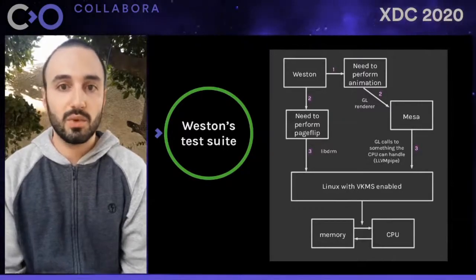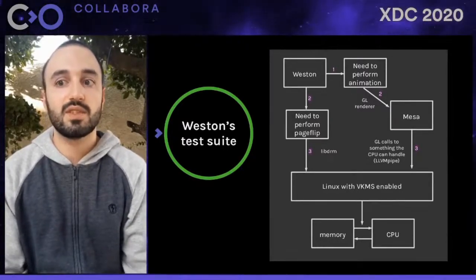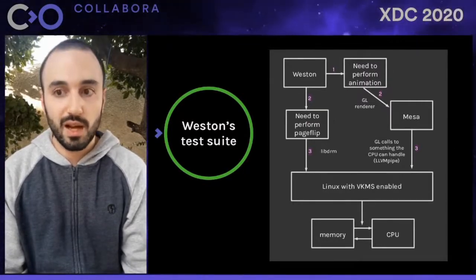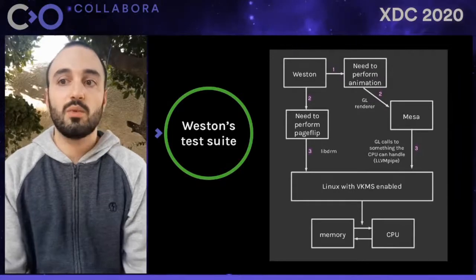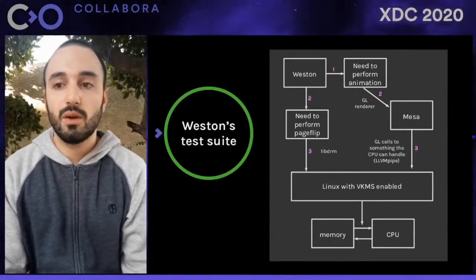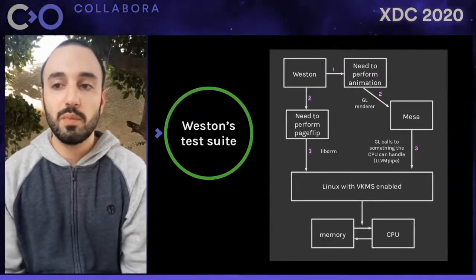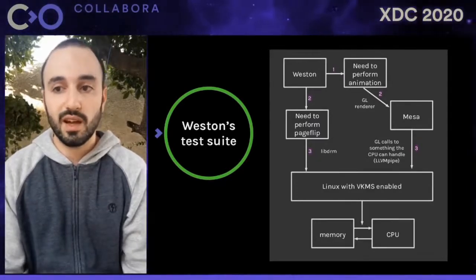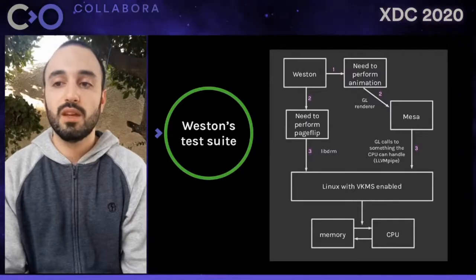And the part that we are most interested in is the left side of this scheme, that is the KMS API. So Weston performs an atomic commit to perform a page flip, and this will be made using libdrm, and so it will be handled by VKMS.